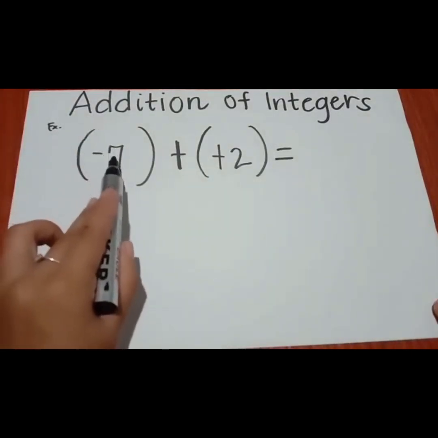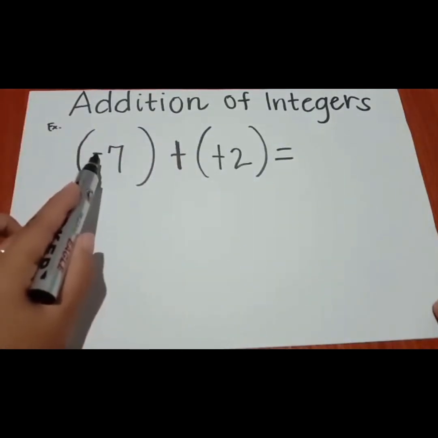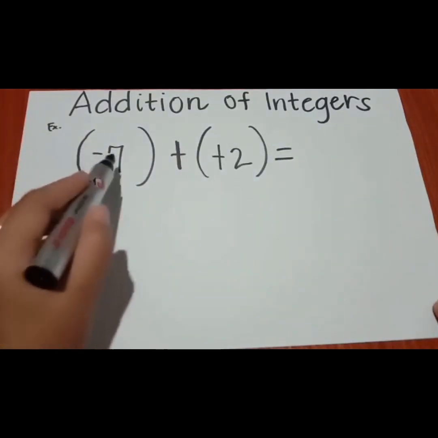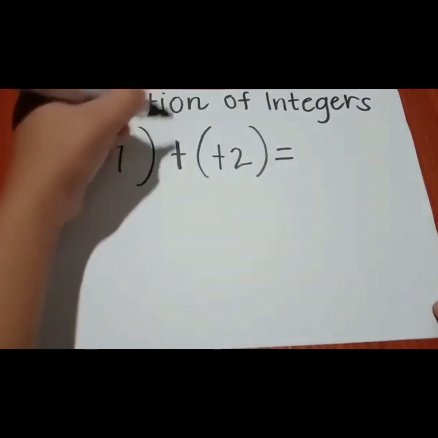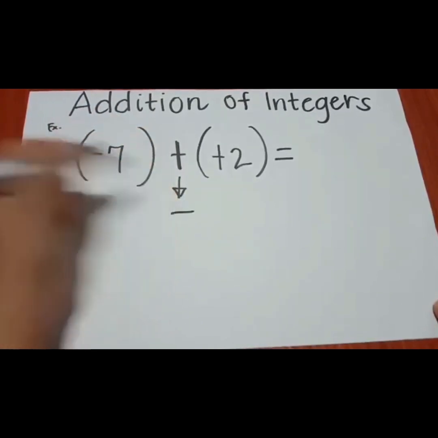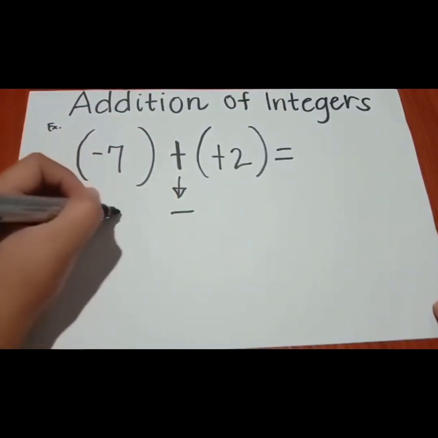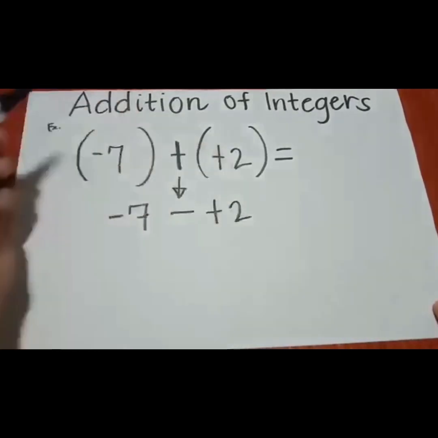So negative 7 plus 2. The negative 7 is the big number. So the plus becomes minus, and copy the negative 7 and the positive 2.